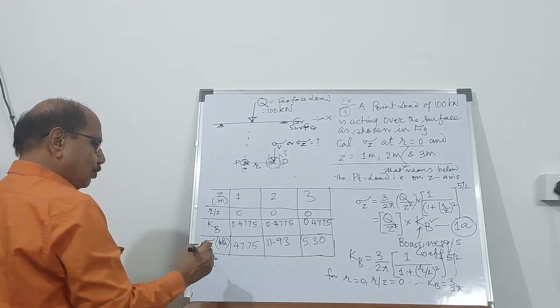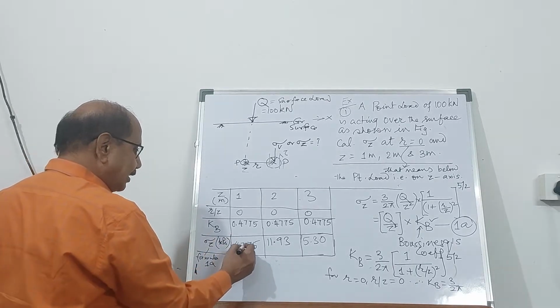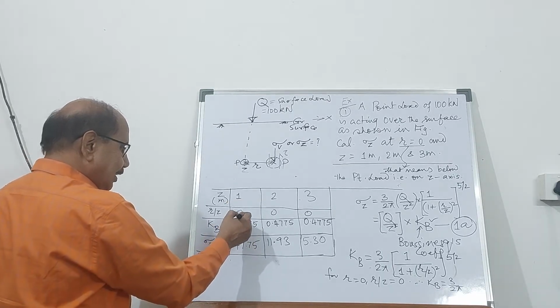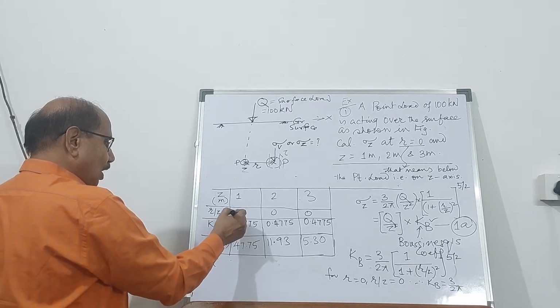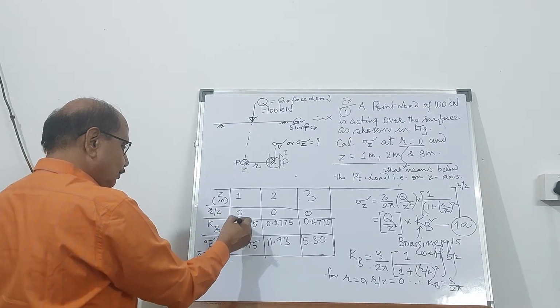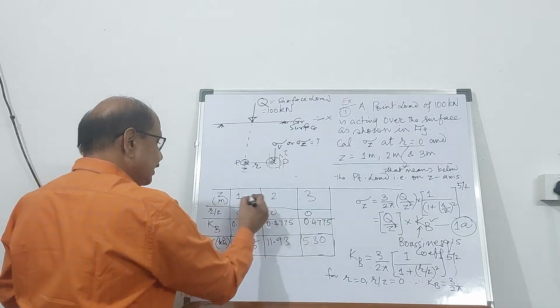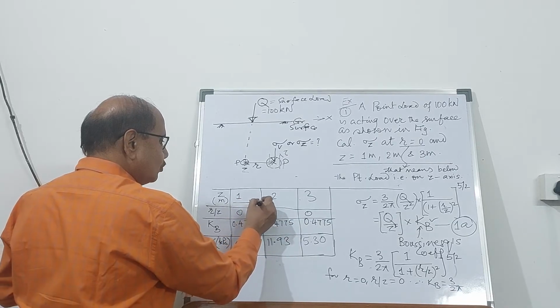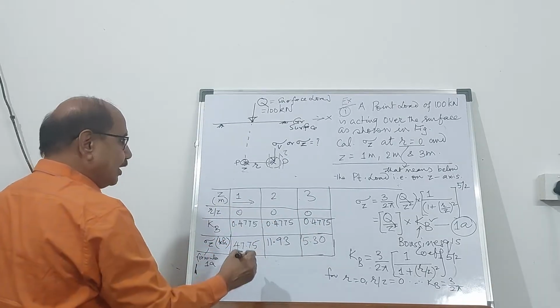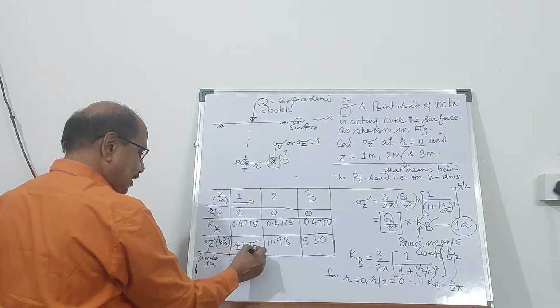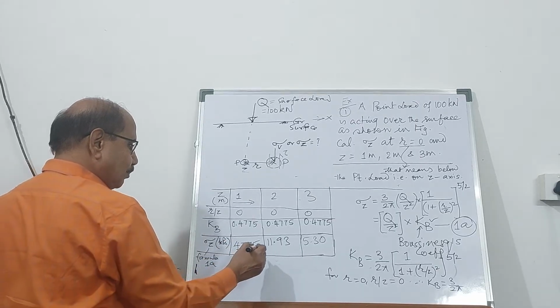So what you see is that when R is equal to 0 and Z is increasing, at 1 meter it is 47.75 kilopascal.